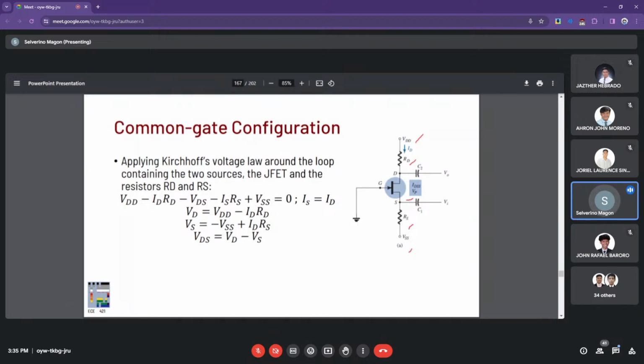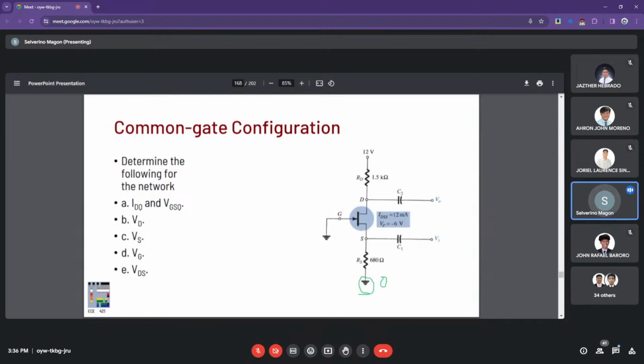So VD becomes VDD minus IDRD. Similarly, VS becomes VSS minus IDRS. Now VDS is similarly VD minus VS, like the difference of VO minus VI in the common gate configuration.